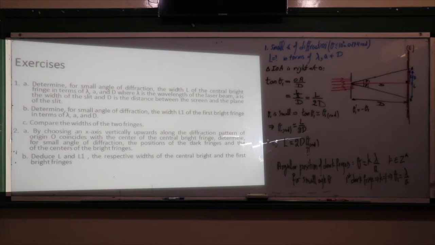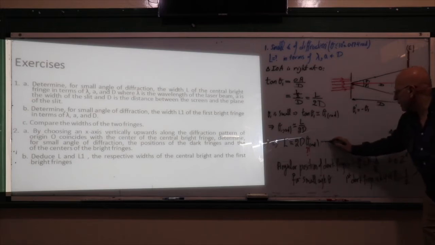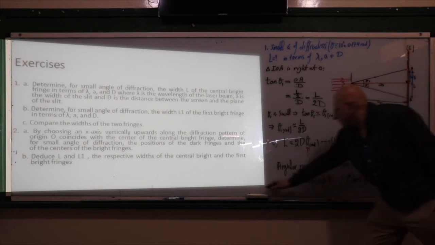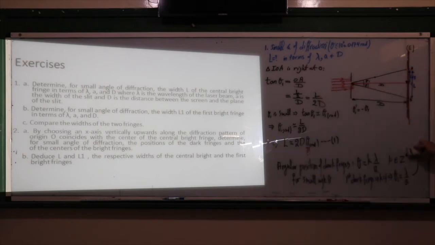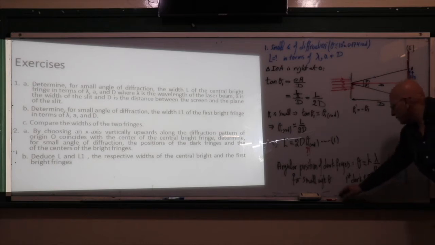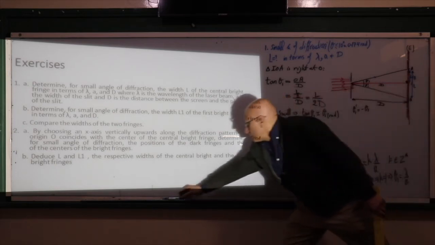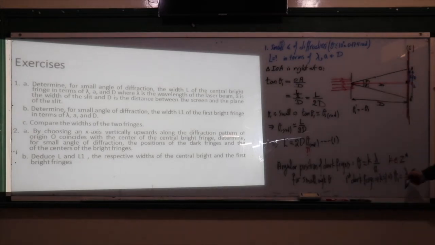Okay? Now I can substitute this in the above formula. If I call this equation 1, I can say here, substitute in equation 1. I am going to change the color so that you can see.